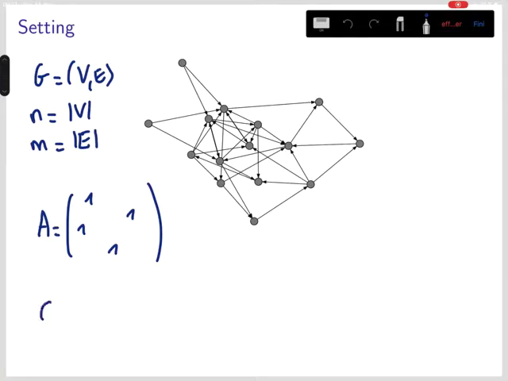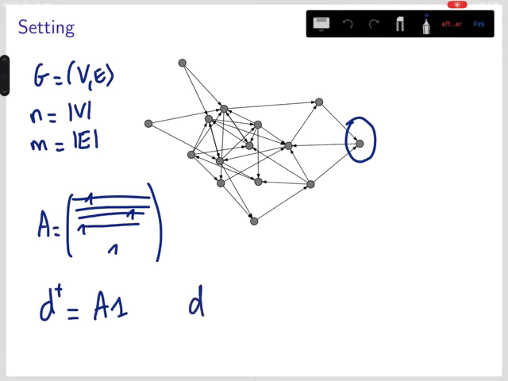And we'll define D+, which is a vector of out degrees. If you consider that particular node, for instance, its out degree is 1. There's just one outgoing edge. And this vector can be very easily derived from the adjacency matrix by summing the rows. The same way, you have D-, which will be the vector of in degrees, which is A transpose times 1.